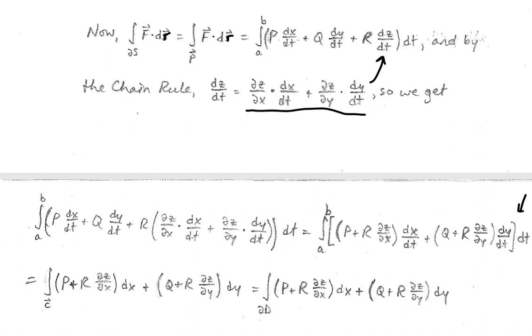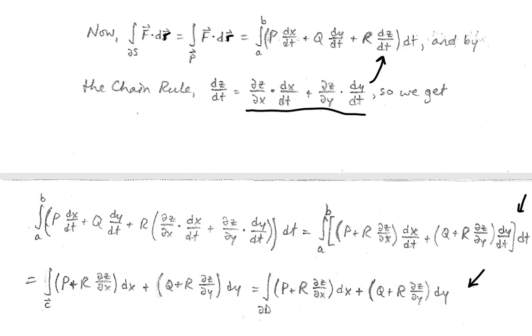We're taking the line integral over the boundary curve partial d. So we now get the integral over the boundary curve partial d of some stuff times dx plus some other stuff times dy. This is what we get in the last part of our second line here.